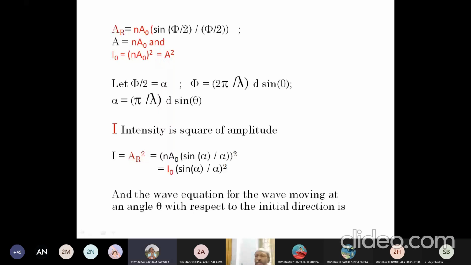If the light rays are going undeviated, that is theta is equal to 0, then what is the intensity for those light rays? Infinite? Answer is wrong. Good try, but answer is wrong. Somebody else? 0? No.